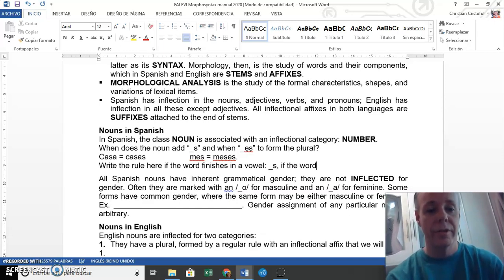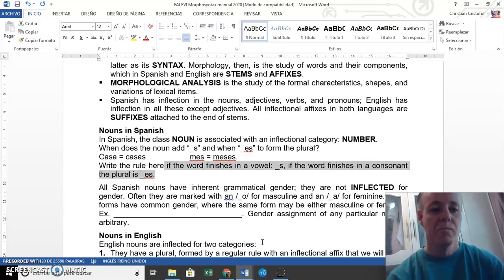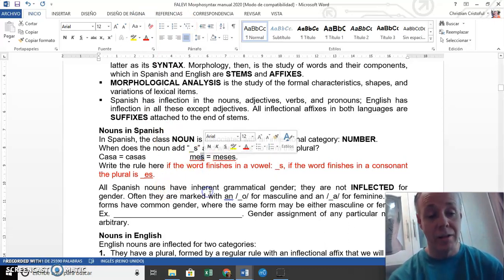If the word finishes in a consonant, the plural is es. Okay. So the last letter is a consonant here, so mes es.